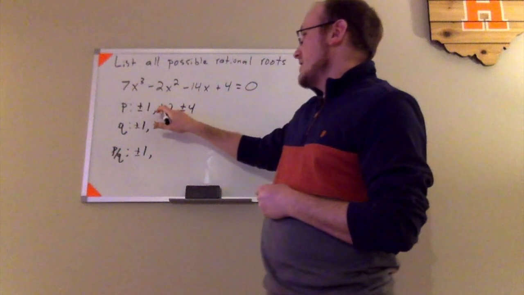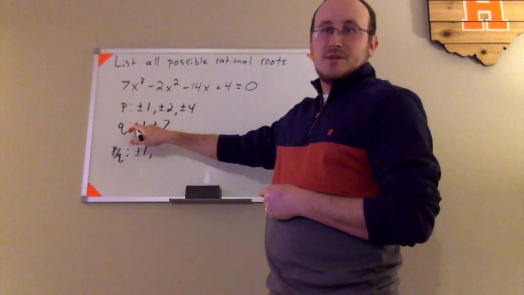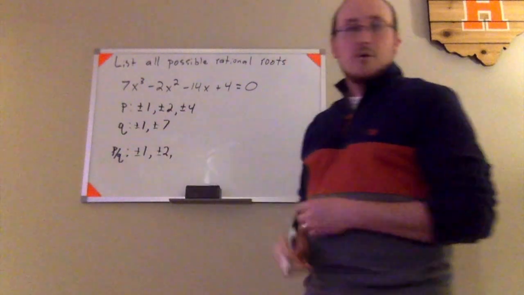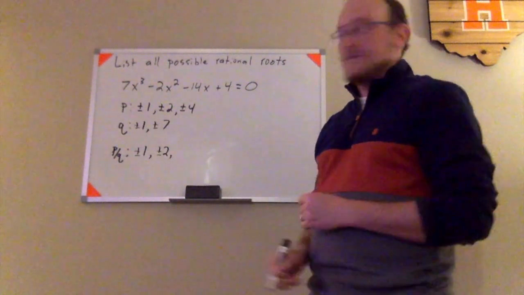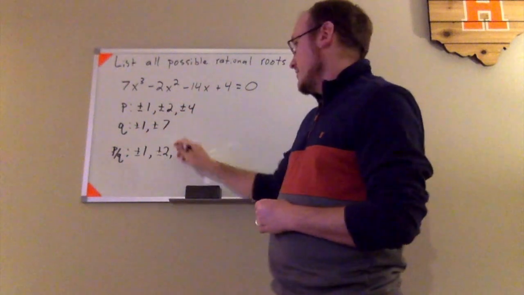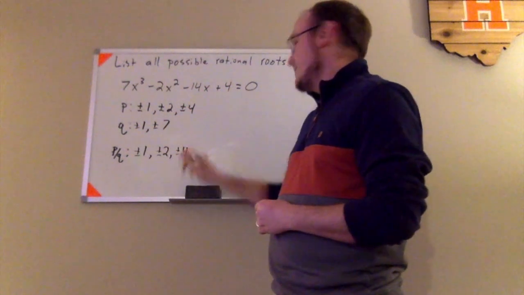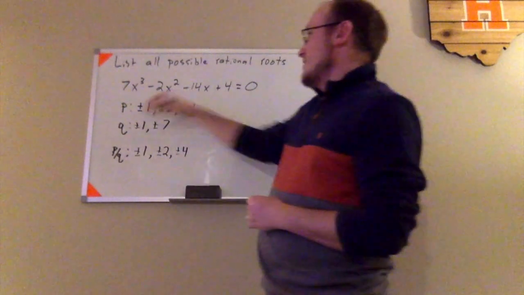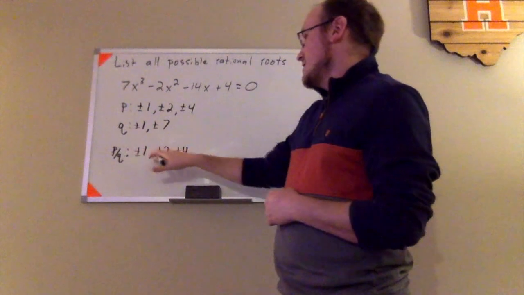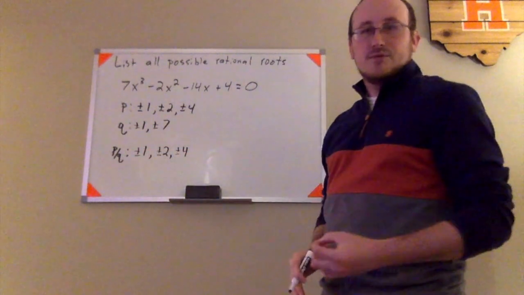Then I put plus or minus 2 over the plus or minus 1. 2 over 1 is 2. So plus or minus 2. There's 2 more possible rational roots. Plus or minus 4 over plus or minus 1, which would give you plus or minus 4. Again, when you put all these over 1, you just generated all of those. So there are actually 6 possible rational roots so far.